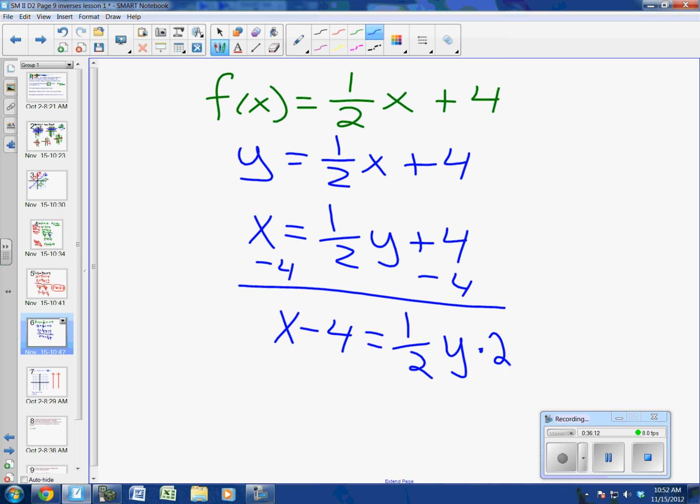If I times both sides of this function by 2, these 2's cancel out, and I'm going to put the y on the left side. Distribute the 2, you're going to get 2x minus 8. That's what you should have gotten. I had to distribute the 2. 2 times x and 2 times 4.